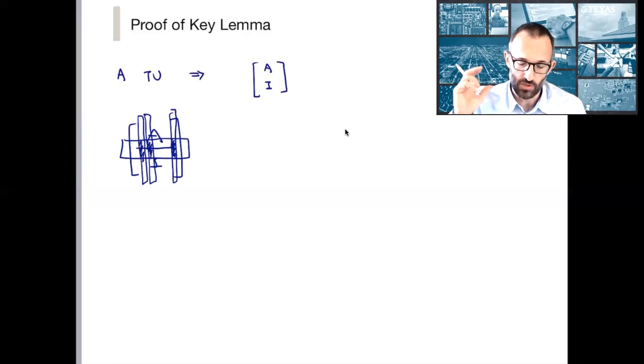Clearly, if I choose something that's just a subset of A, then it immediately follows. And if I just choose a subset of the identity, then that also clearly follows.